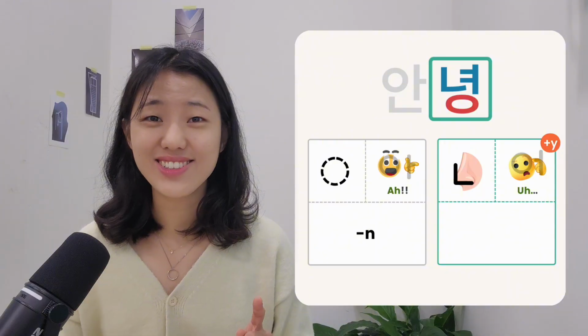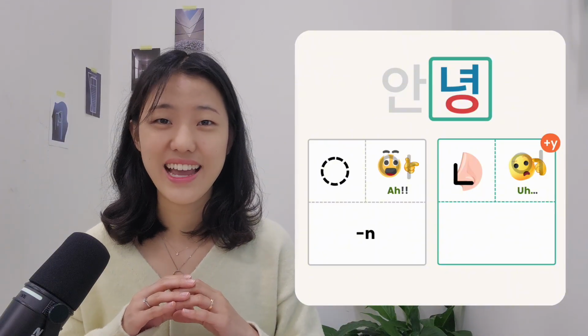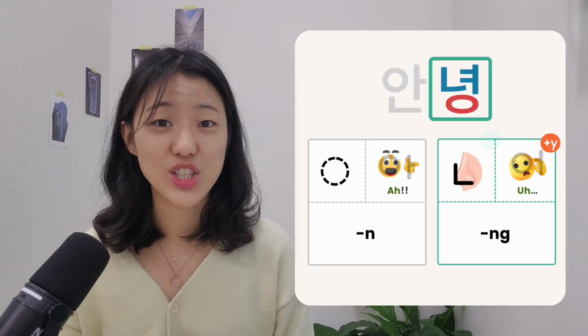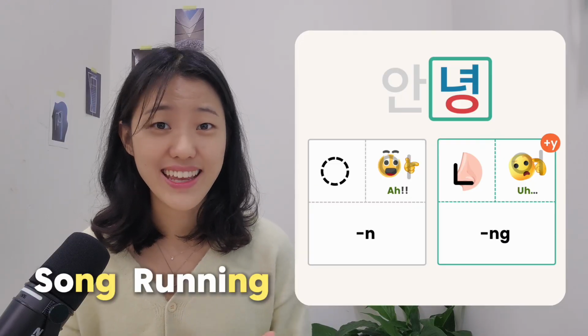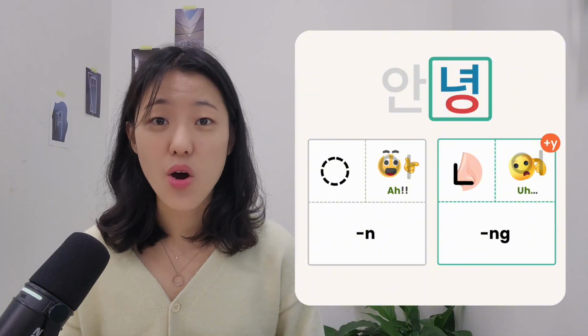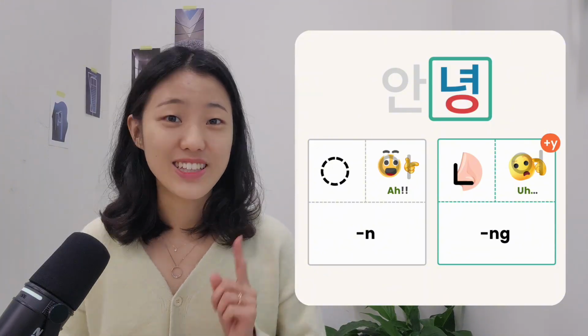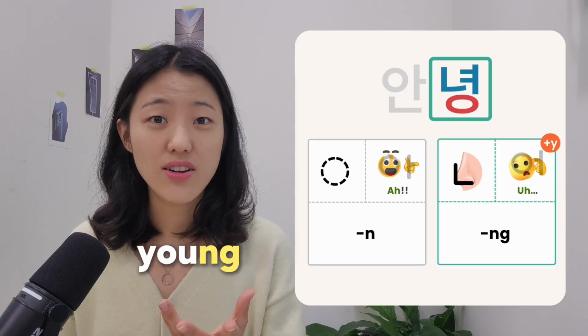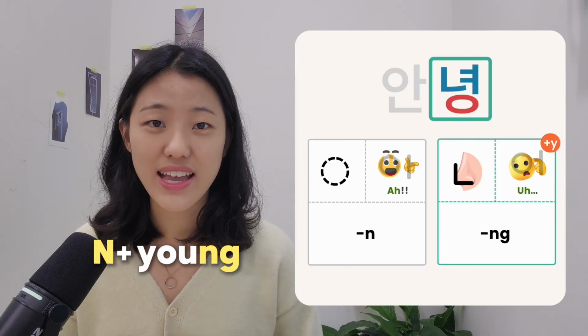And this ending consonant is a special consonant, and it's not no sound, but it goes like ng, like a song or running, like an ng sound at the end. So it goes like nyong. A tip to pronounce this word is like, younger, young, and you add the n sound at the front.